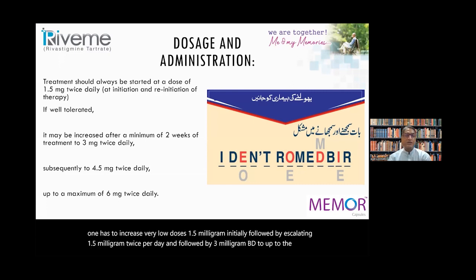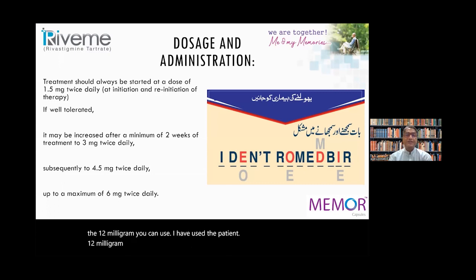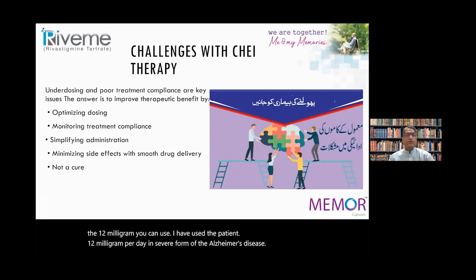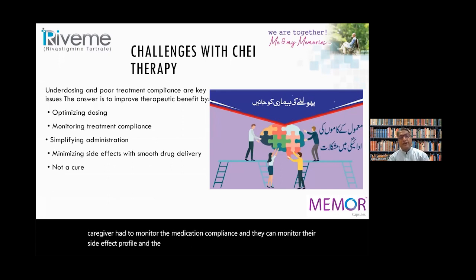I have used 12 milligram per day in a patient with severe Alzheimer's disease. Compliance is very important, because the caregiver has to monitor the medication compliance and the side effect profile, the administration should be simplified, and the optimum dose should be obtained. Then you can say whether this medication has worked or not.